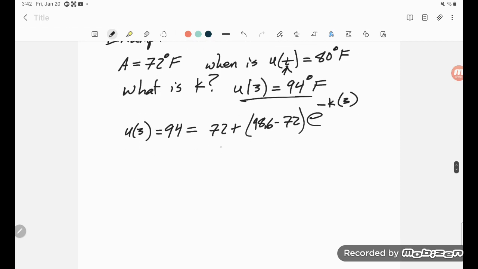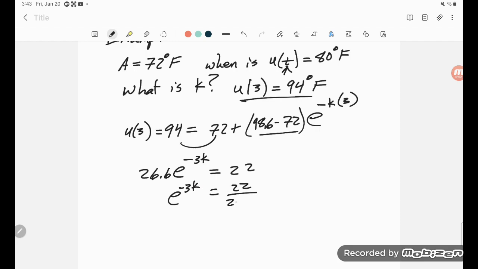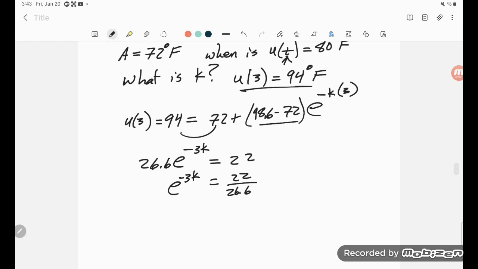Okay, so I'll rewrite this. I'll go ahead and subtract the 72 from the 94 and get 22, but also do this subtraction. I get 26.6 e to the minus 3k is equal to 22. So e to the minus 3k is equal to 22 over 26.6.